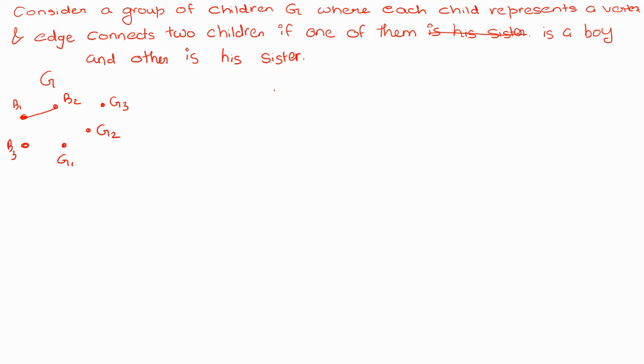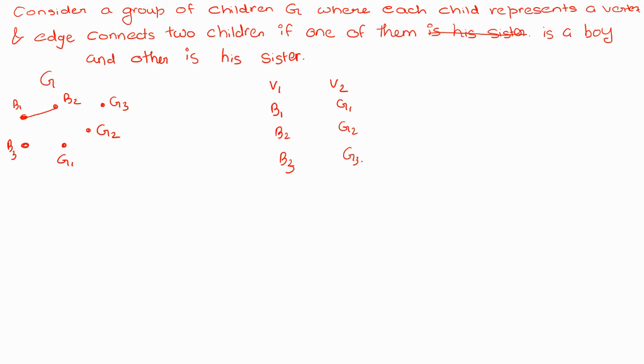Therefore, we can write that this graph can be partitioned into two subsets of vertices, where we can list all boys together in one and all girls together, G1, G2, G3.